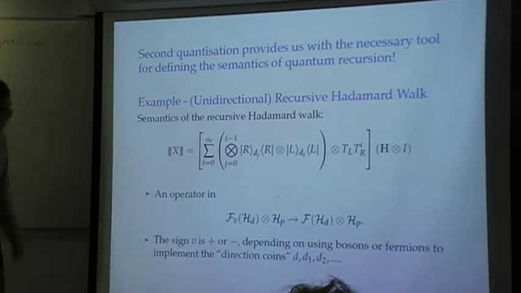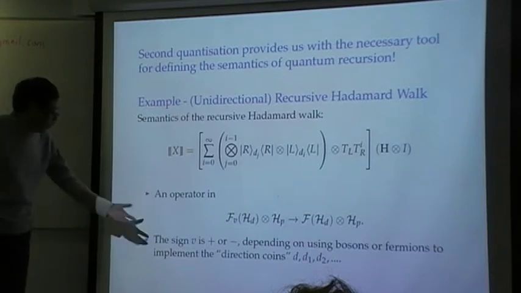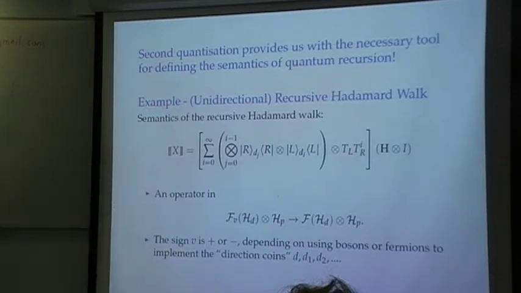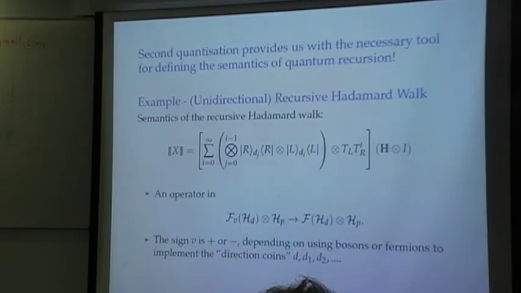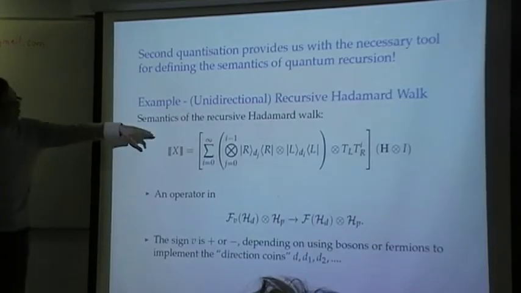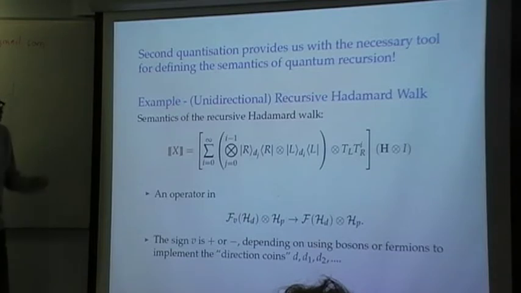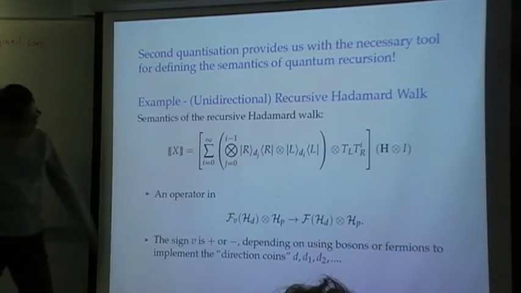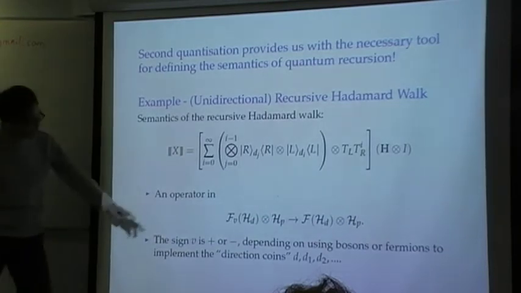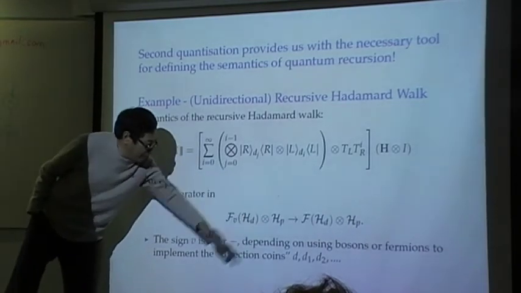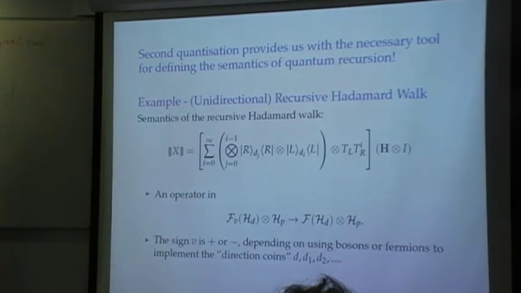It depends on what kind of particles you want to use to implement this recursion. That's interesting. So you see, this semantics is a mapping from the Fock space tensor H_P. H_P is the position space.